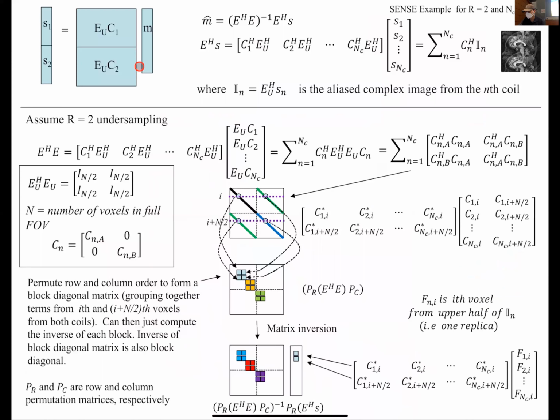The whole point of this slide is just showing you that if you go through the actual equations, it turns out the thing you're trying to solve is you're trying to take the inverse of something that's block diagonal. Okay. And because it's block diagonal, the inverse will also be, you just have to take the inverse of each one of these little blocks.